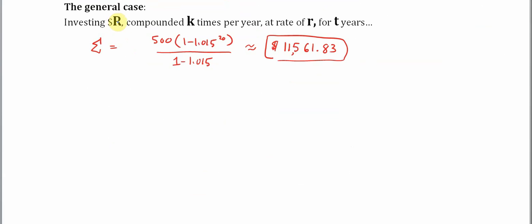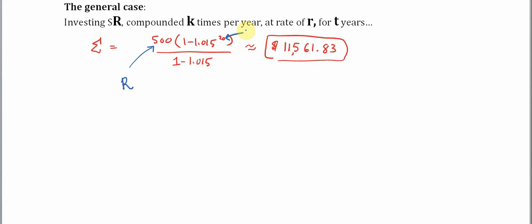If we're investing our dollars every period, this 500 here is our replacement for R. Jack was investing $500 every quarter, K times per year, so that's the compounding frequency, and that K affects a couple of different things. It affects this 20.